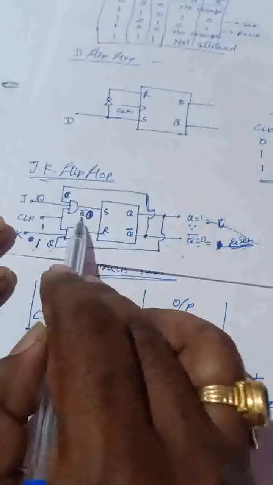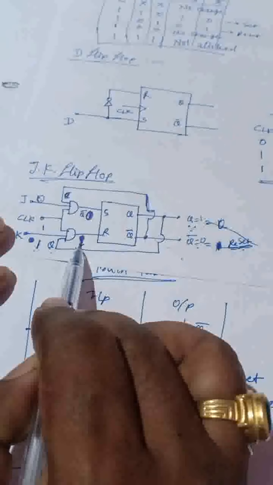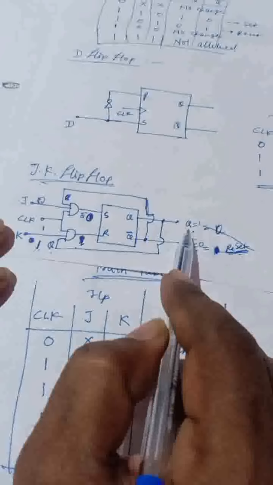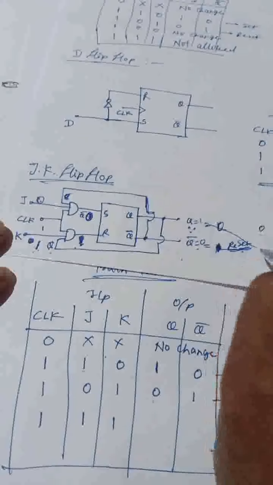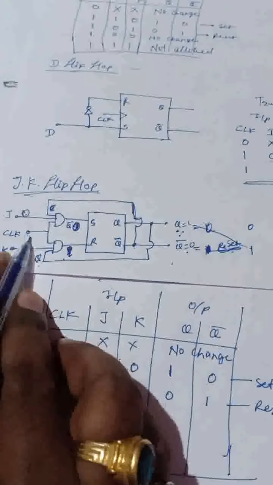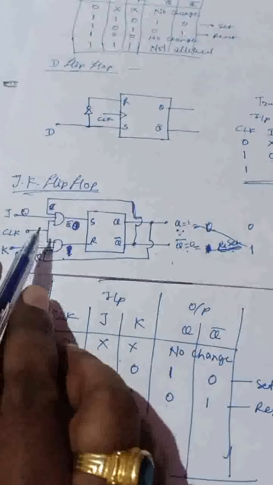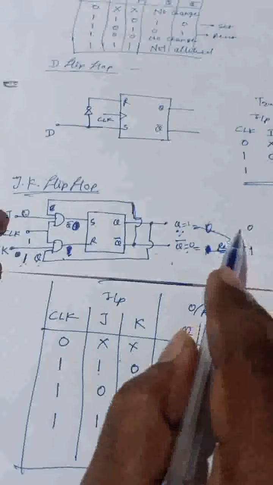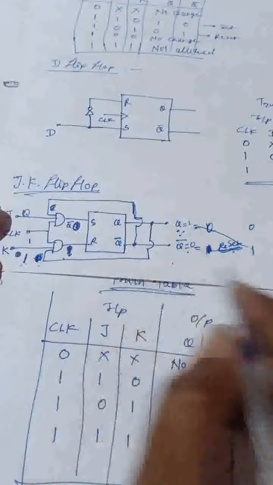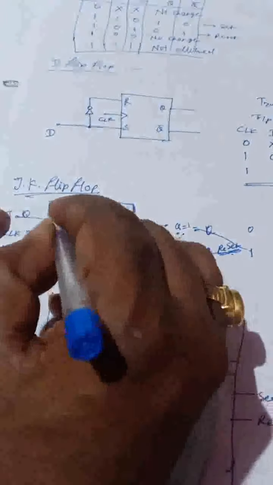Then S0 R1. So previously Q is 1, now it becomes 0 and Q bar becomes 1, till the clock is 1. Now 0 is applied here and this 1 is applied here.